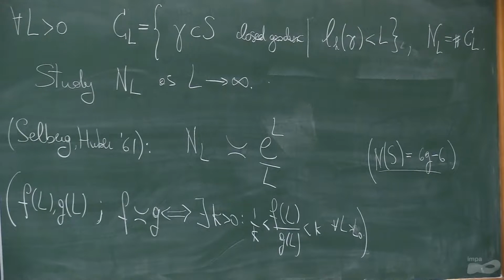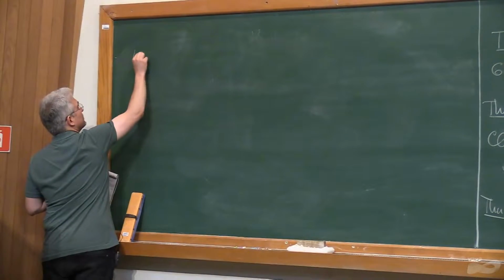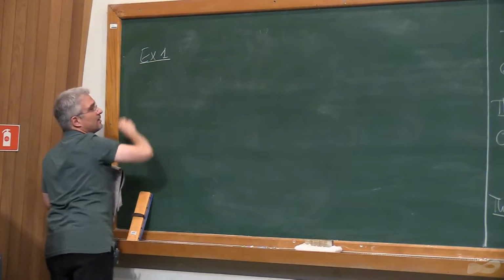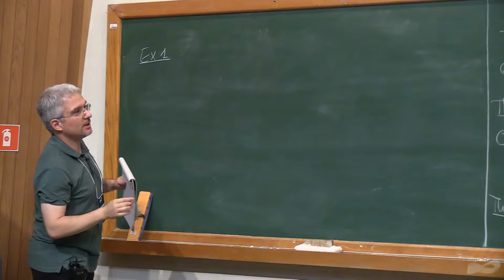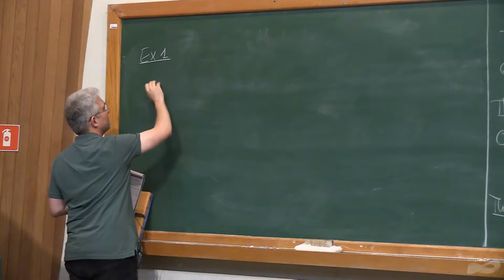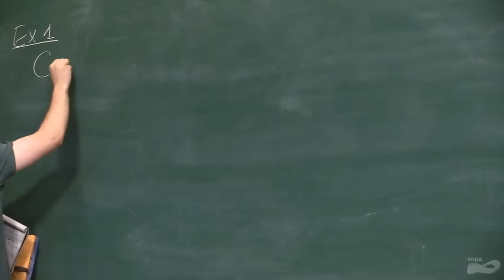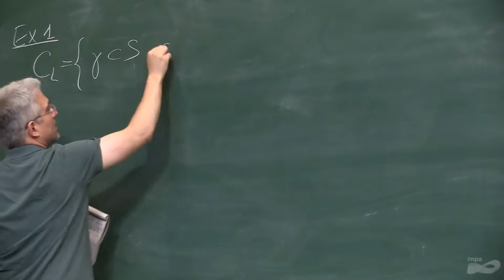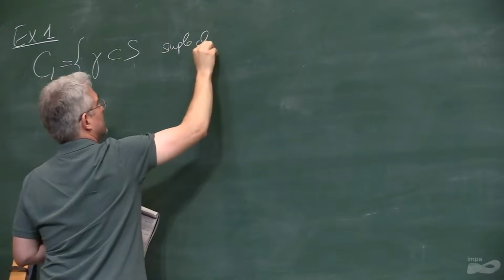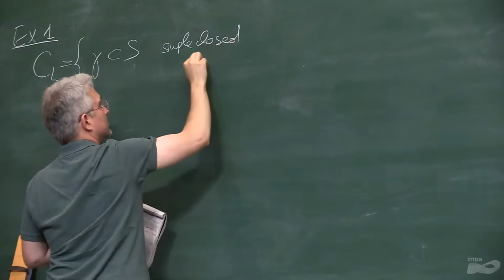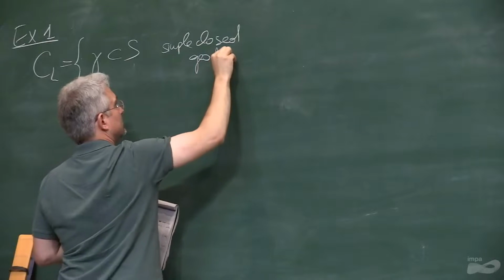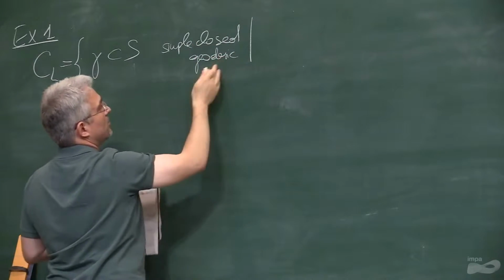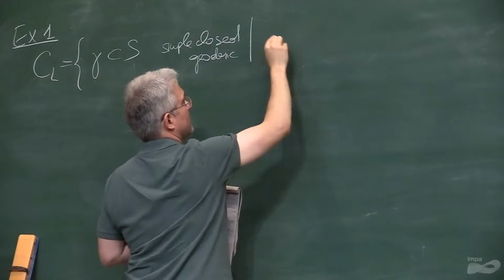Okay, so the situation is different in the simple case. So example 1, same example, but we just changed the type of curves we are counting. So let's take gamma in S, a simple closed geodesic, or simple closed homotopy class of curve, it's the same.